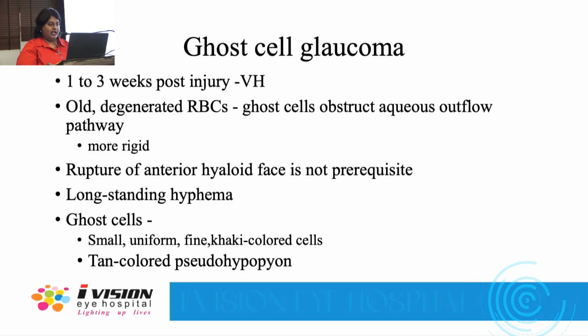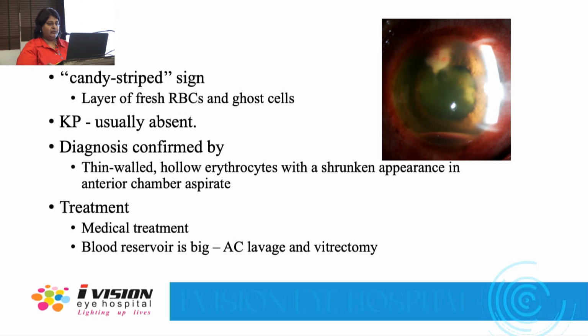These are small, uniform, fine khaki cells, and they form a tan colored hypopyon, which is called pseudohypopyon. Fresh hemorrhage layered by this tan colored hemorrhage is called the candy striped sign. This is again medical management, and if the vitreous hemorrhage is severe and the glaucoma goes uncontrolled, you might need to do AC lavage and vitrectomy.